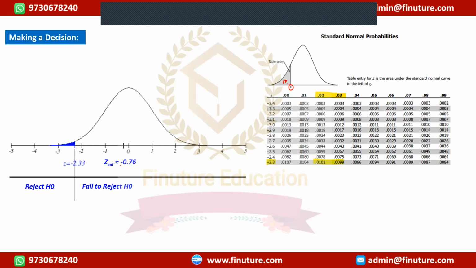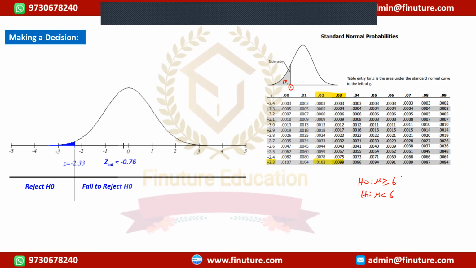The decision criteria would be: if your Z calculated had fallen in this shaded zone, then you can reject the null. But given that this Z calculated has fallen in this white zone, we fail to reject the null. So what does this mean? Our null was that mu is greater than or equal to 6, and H1 was that mu is less than 6.